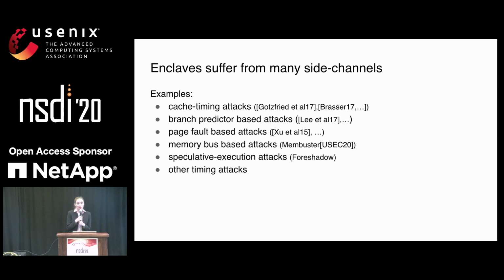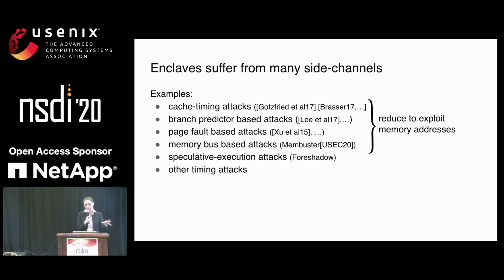But one big problem with enclaves is side channels. And there are lots of different side channels: cache timing attacks, branch predictor-based attacks, page fault attacks, memory bus-based attacks, speculative execution, and other timing attacks, and so forth. But the thing to notice is that a lot of these attacks, the first 4 here, reduce to exploiting memory addresses. Enclaves don't encrypt which memory address they're fetching from memory.